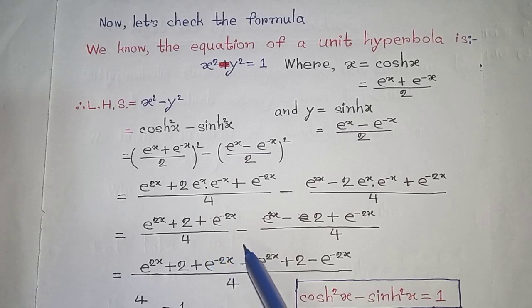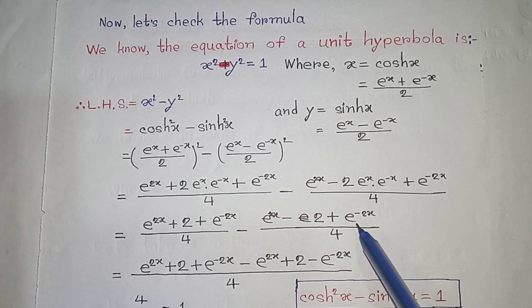Okay, now there is minus sign, we have to write the minus sign, and from this part we get e to the power 2x minus 2 plus e to the power minus 2x by 4. After calculating all these parts, we get e to the power 2x plus 2 plus e to the power minus 2x minus e to the power 2x plus 2 minus e to the power minus 2x. But why?